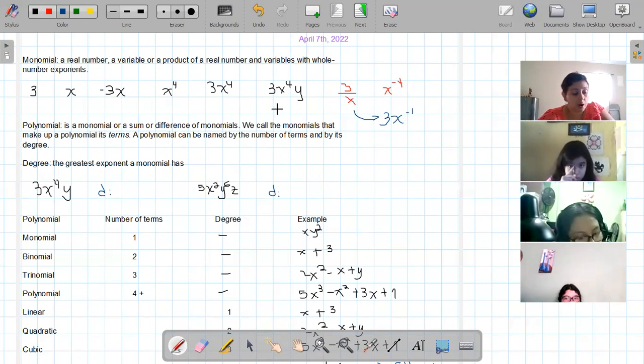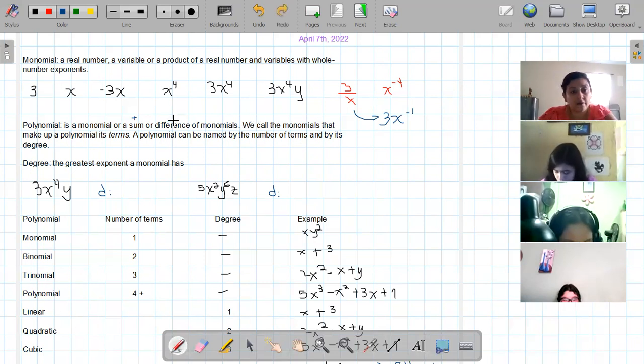Only products. Now, polynomial. What is a polynomial? A polynomial is a monomial or the sum or the difference of monomials. So sum, the addition, and difference, the subtraction.